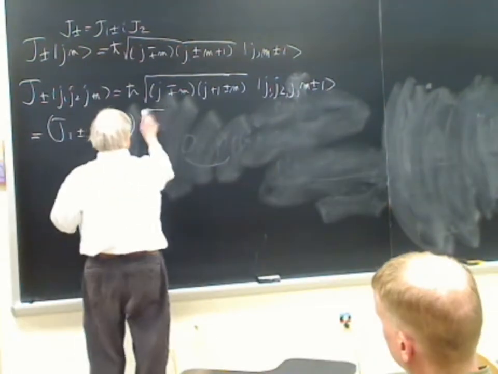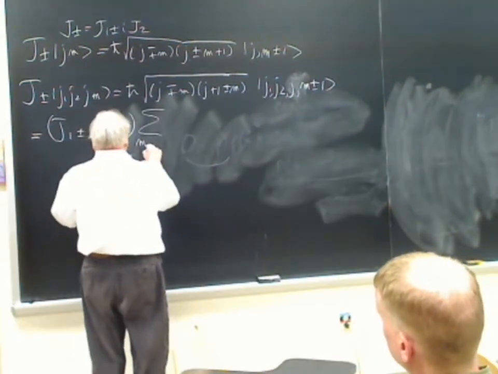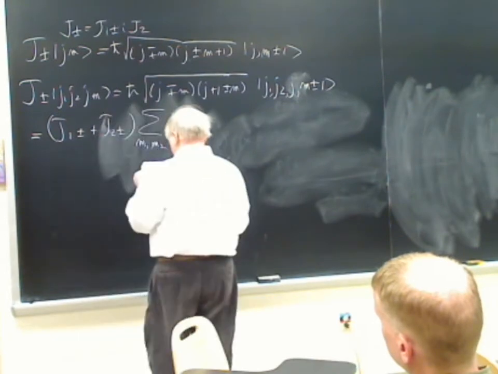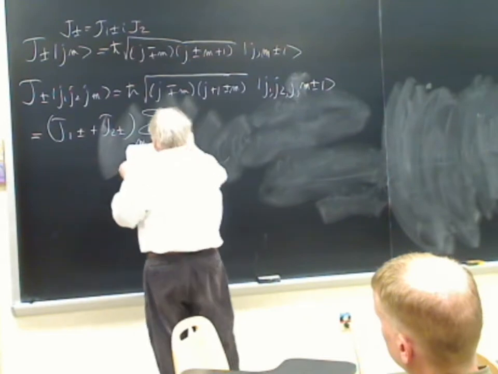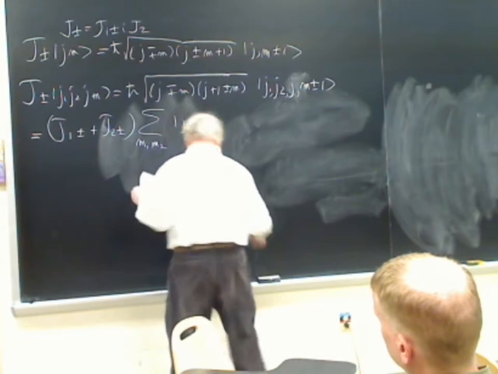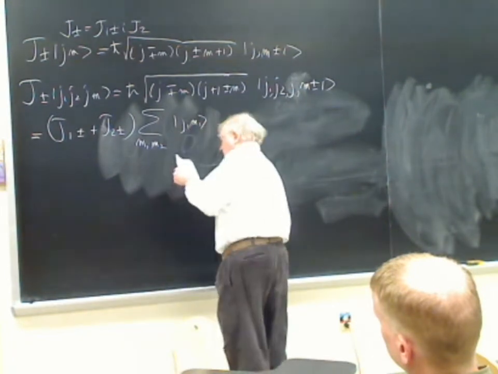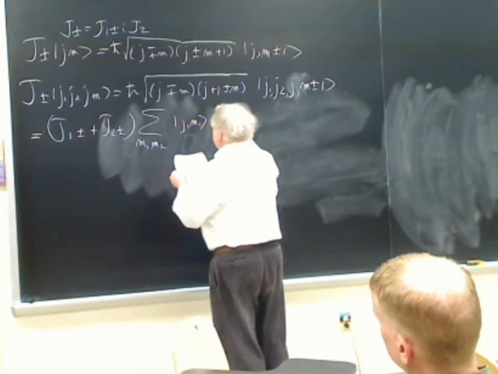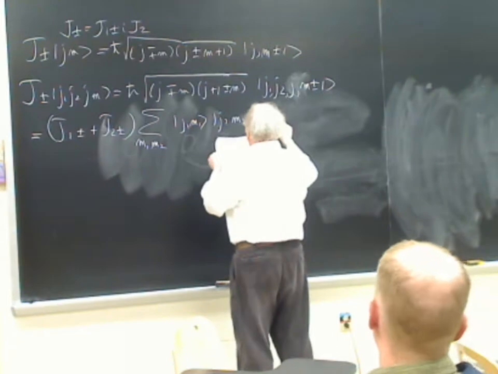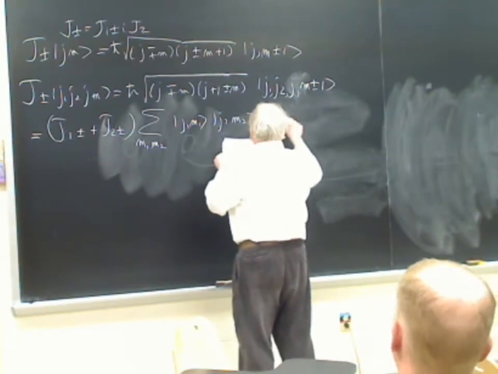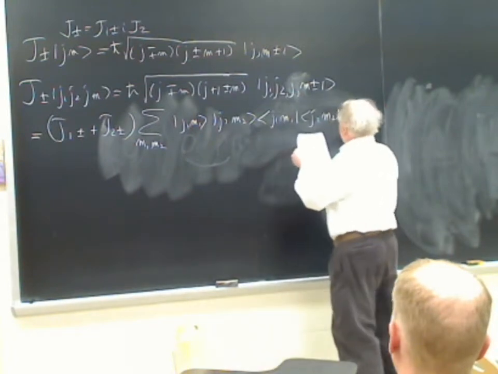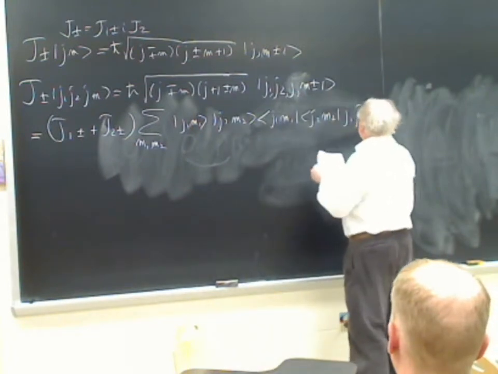And so this is the sum over M1, M2, of |J1, M1>|J2, M2> times these Clebsch's <J1, M1; J2, M2|J1, J2, J, M>.